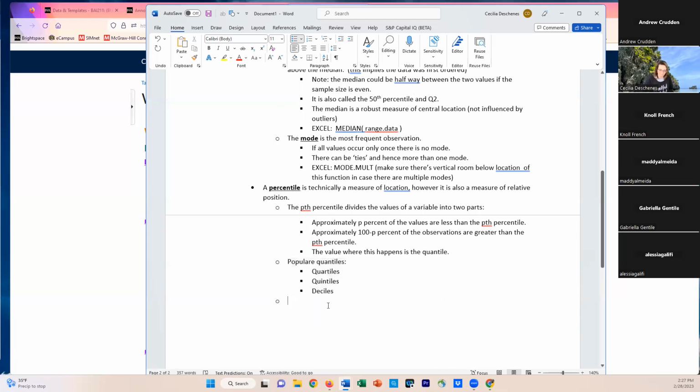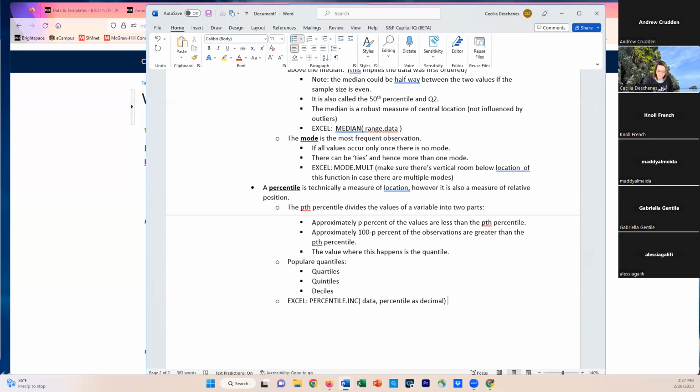Okay, so in Excel, recall, I said to use percentile.inclusive, then you put the data, and then you add the percentile that you want as a decimal.